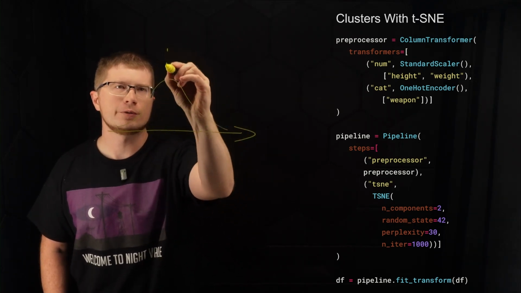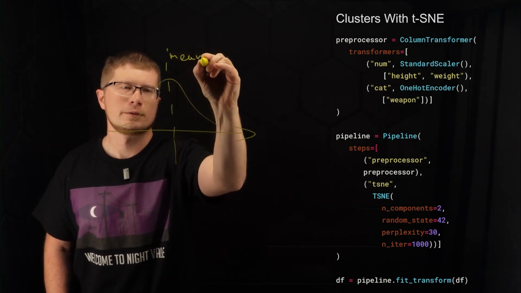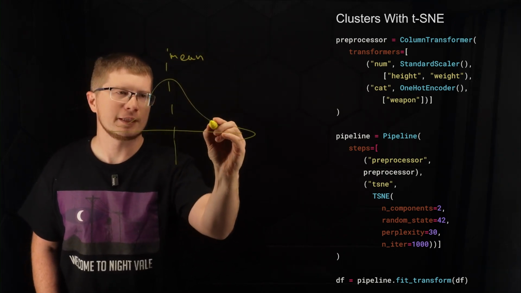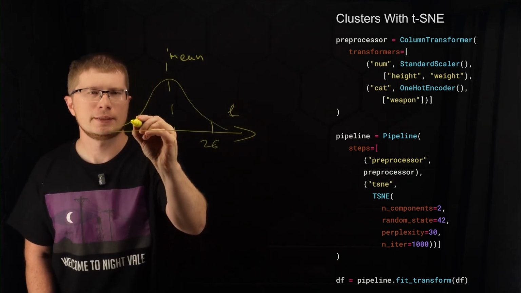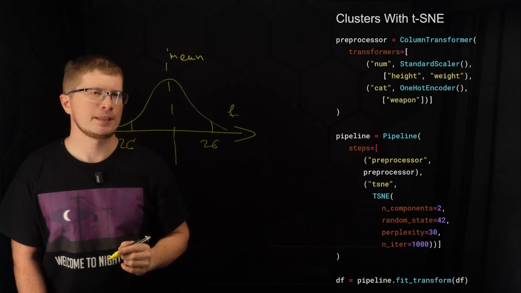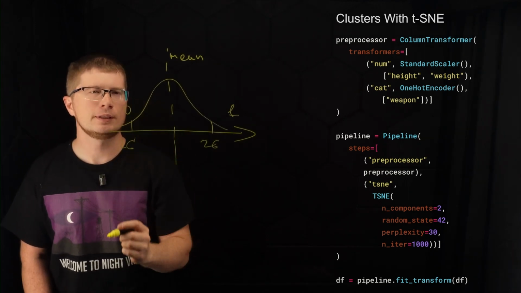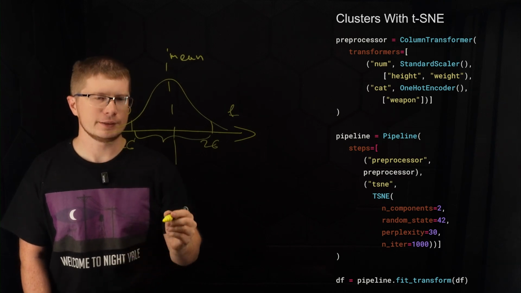So first we'll find the mean value, and everything above 2 sigma we consider to be 1, and everything below minus 2 sigma we consider 0, and everything in between we scale pretty much linearly.